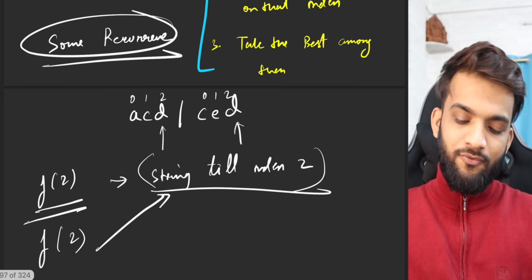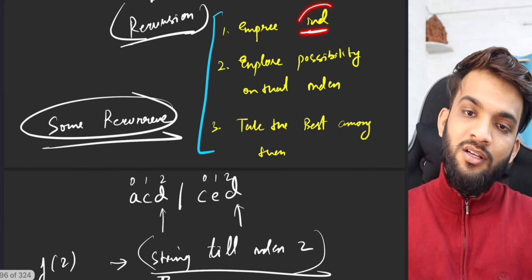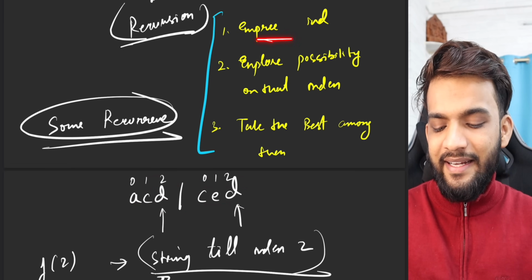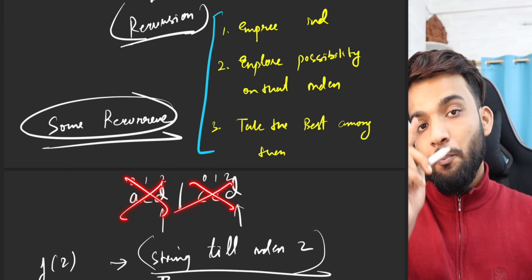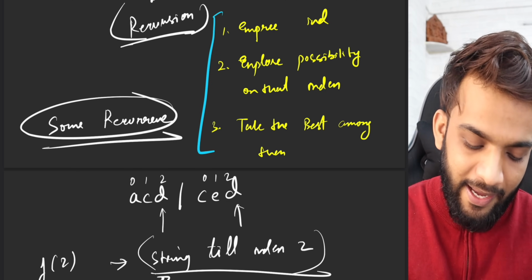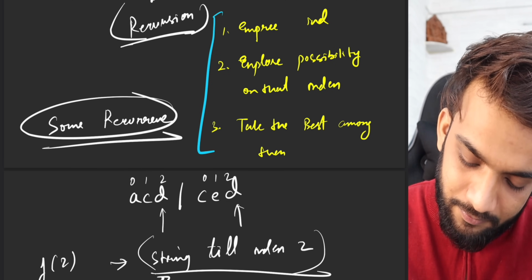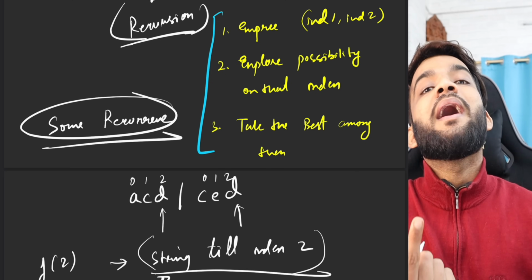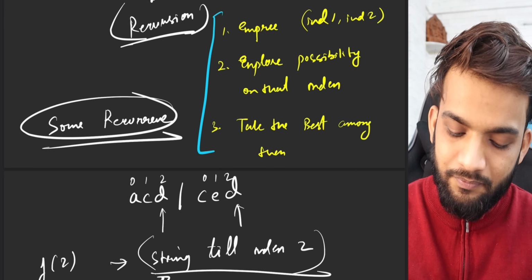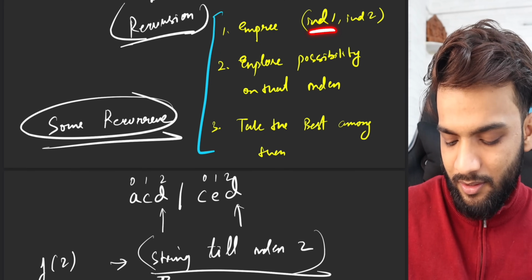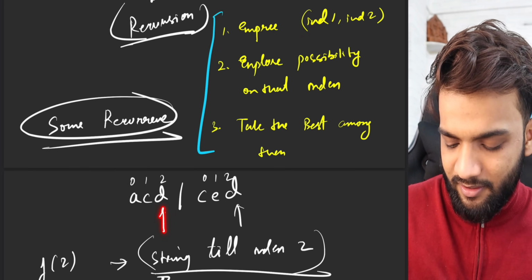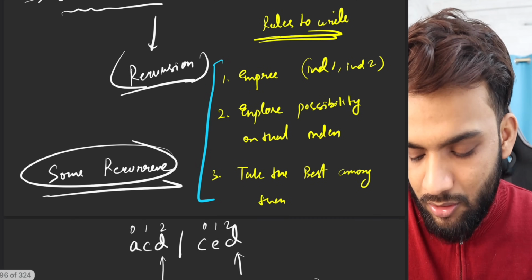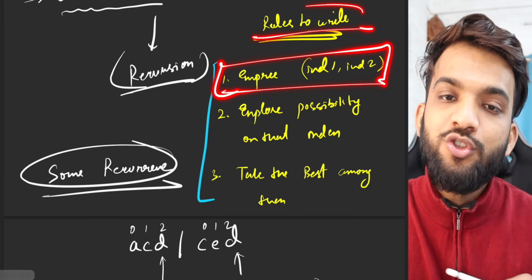Something to observe: a single index cannot express both the strings. Thereby, I will have to represent them by 2 indexes, where index 1 represents this string and index 2 represents the other. That's the first modification you have to do in the rules.